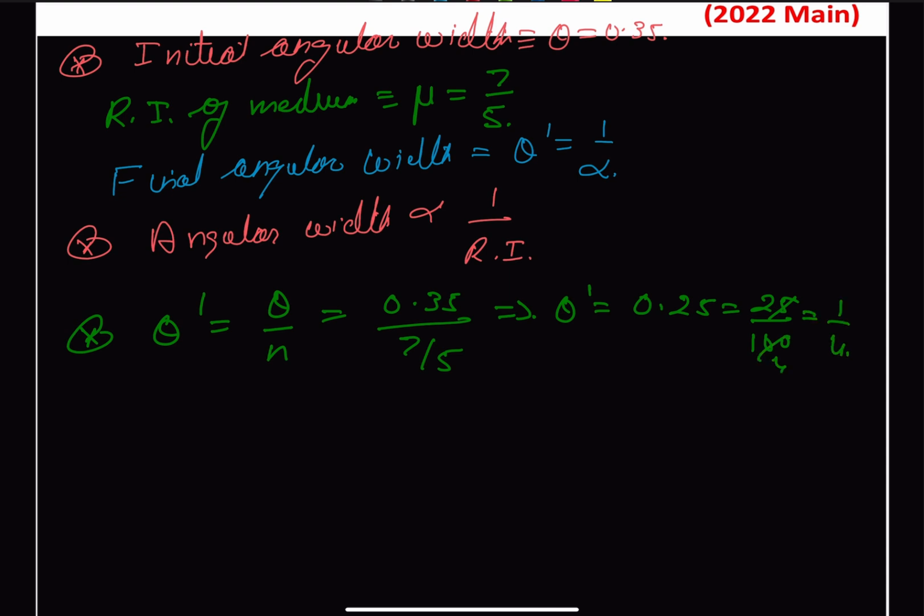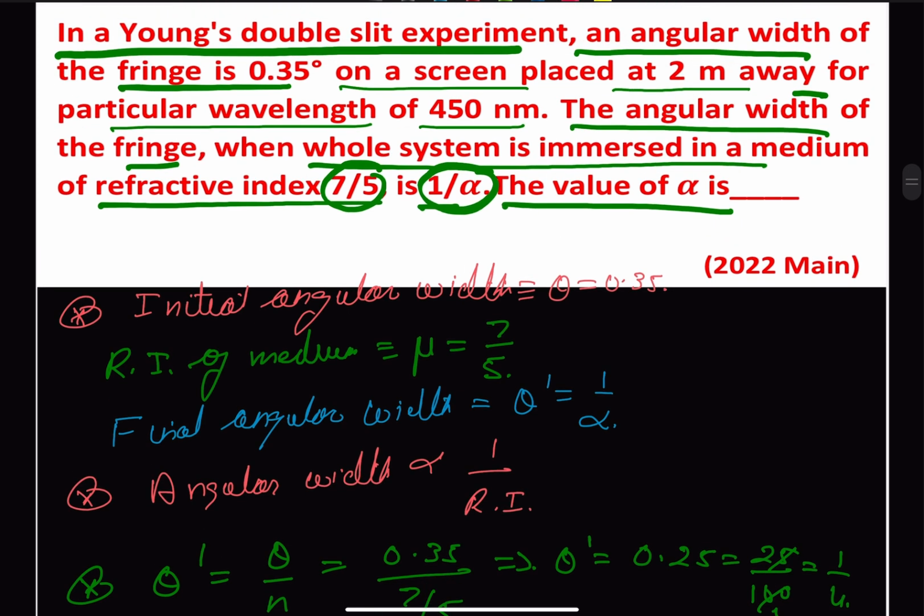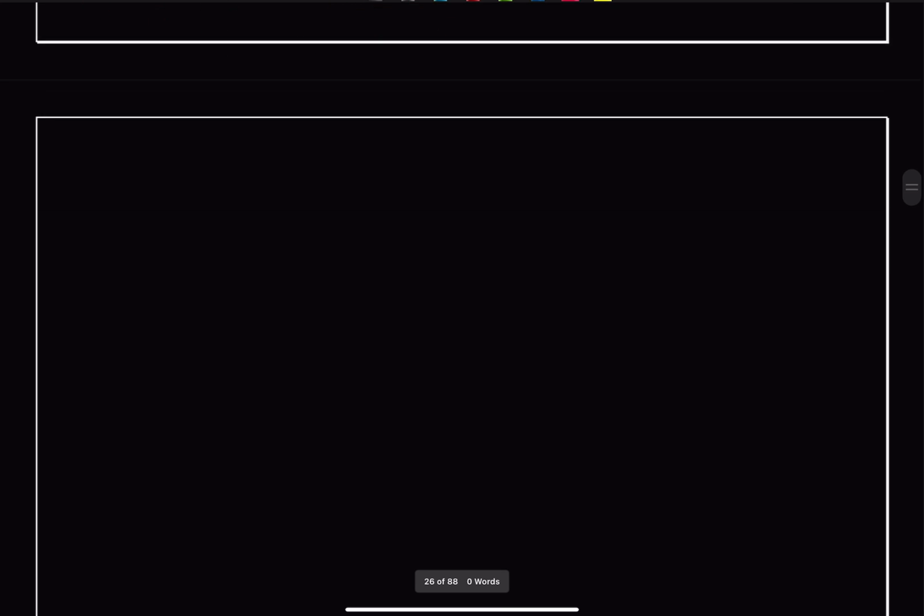And we are also given that this theta prime is our 1 upon alpha, so 1 upon 4, giving us that alpha is equal to 4. So our alpha is equal to 4. Next question.